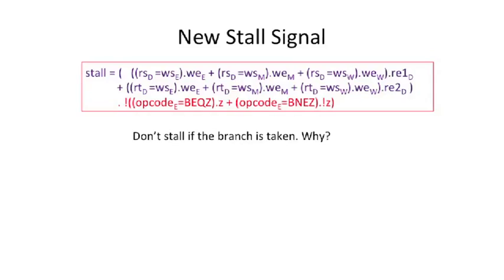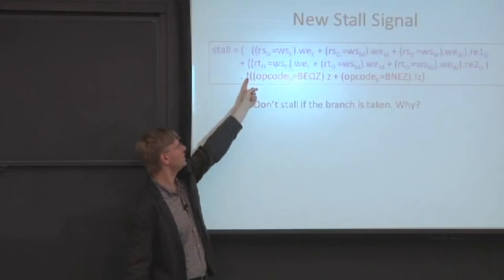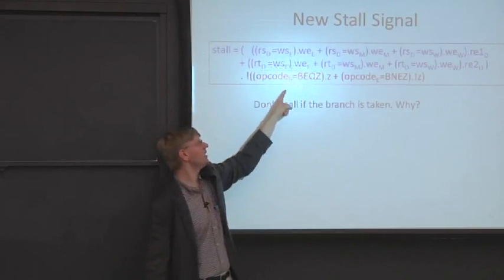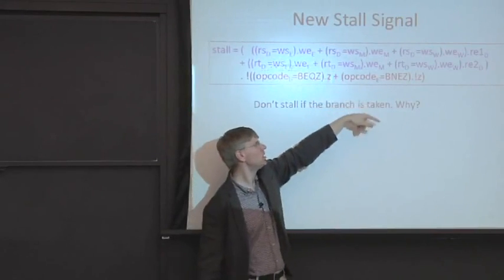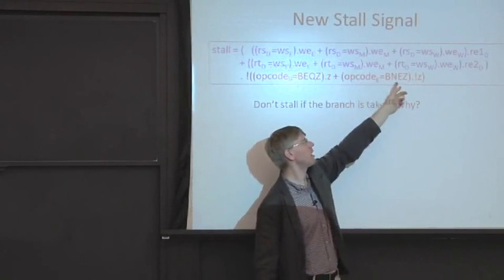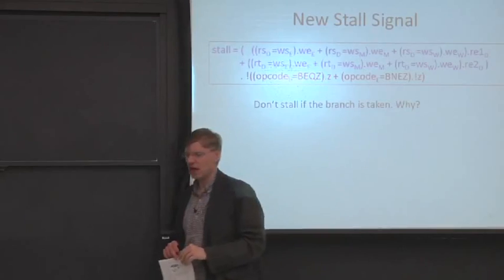We add a branch term. We need to know whether there's a branch going on here, because we need to unstall the processor if the branch is taken. So we're going to add a term which is effectively a branch zero and the value is zero. Likewise, a branch not zero, and the value is not zero.